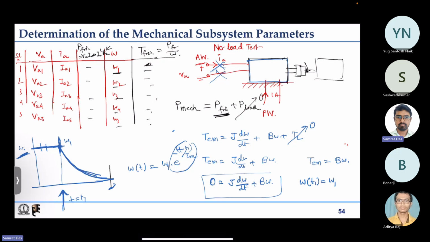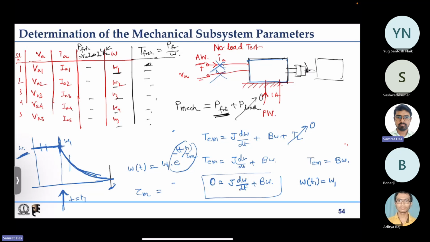If you look at the speed in the oscilloscope, you can get how it falls. From there you can calculate the time constant by looking at the time duration, but a better way is to look at the initial slope. The initial slope also can tell us important things. The easiest way, neglecting the nonlinearities: you get the falling time period, divide by 5 approximately, and you get tau m, the mechanical time constant.